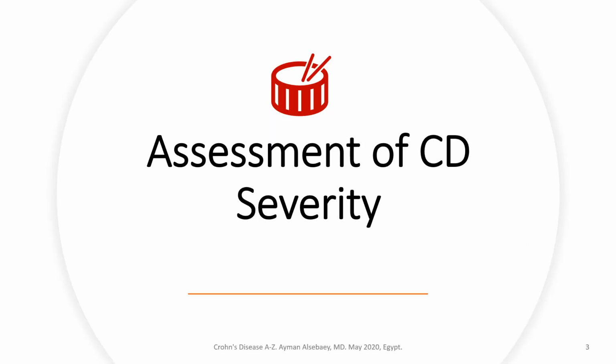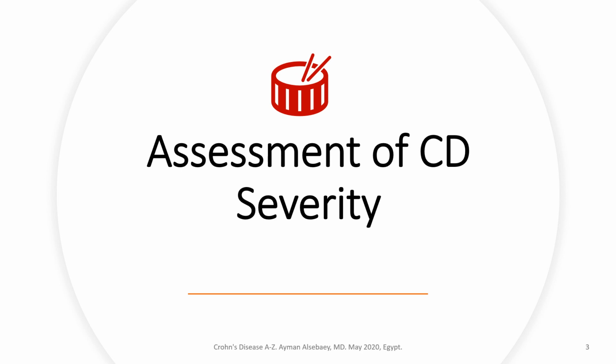Now we will come to the most important point in our plan of management, which is how to assess the severity of Crohn's disease, because we have a lot of drugs that can be used for treatment of Crohn's disease. But the choice of these drugs depends on the severity from the start: mild, moderate, or high severity.